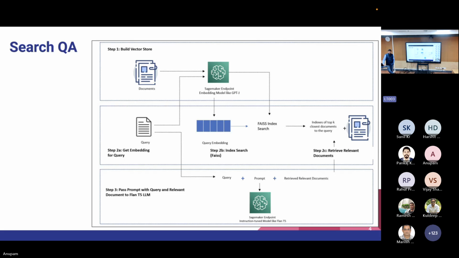Now, database everybody knows. How many of you have heard or known about a vector database? Okay, many more people. So, what is a vector? When I say vector database, what do you understand by vector?